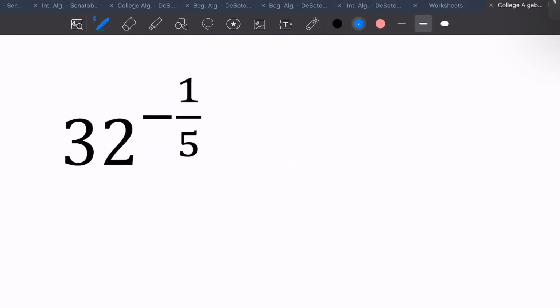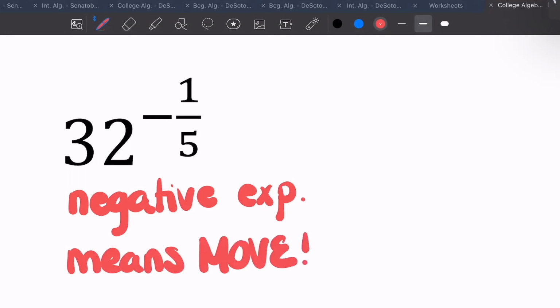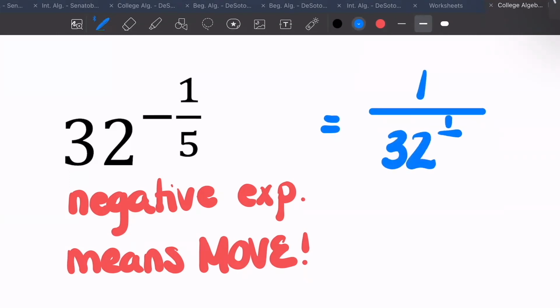Uh-oh, what about this? We need to recall that a negative exponent means move. Move to the bottom. So I have 1 over 32 to the 1/5 power.